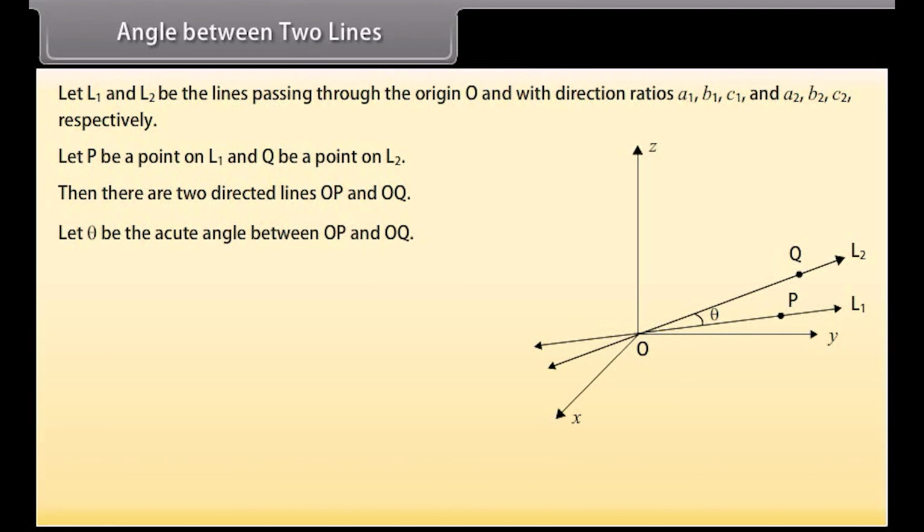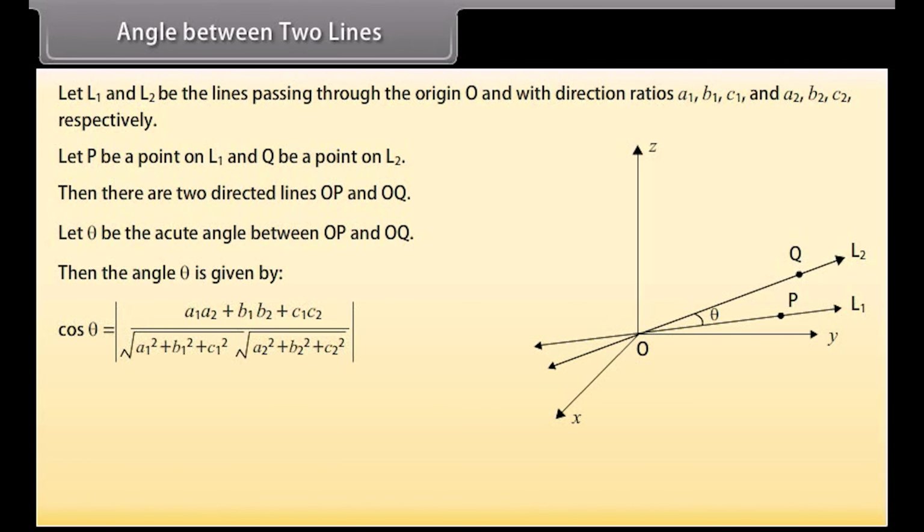Let theta be the acute angle between OP and OQ. Then the angle theta is given by cos theta equals modulus of (A1 A2 plus B1 B2 plus C1 C2) divided by square root of (A1 square plus B1 square plus C1 square) into square root of (A2 square plus B2 square plus C2 square).